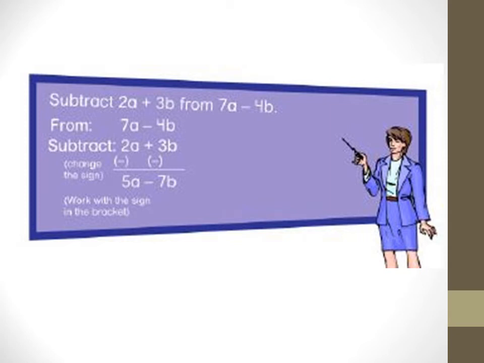So we will write 7a minus 4b on the top, and just below 7a we will write 2a, write the plus sign, and then below 4b we will write 3b. So now in the vertical method, see, 7a minus 2a will give you 5a, minus 4b minus 3b will give you minus 7b.